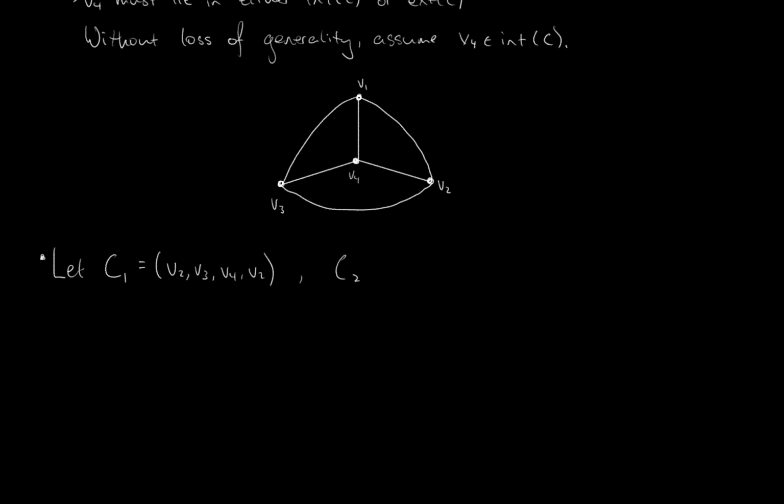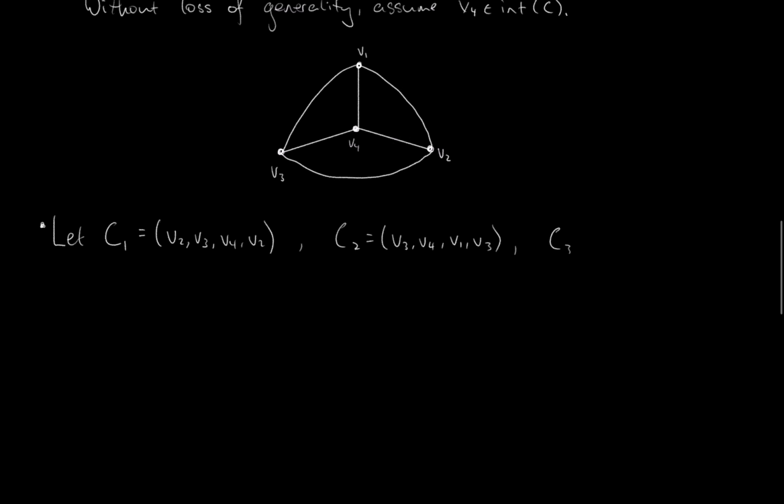C2 to be the cycle from V3 to V4 to V1 and back to V3. And this last cycle here, C3, to be the cycle from V1, V2, V4, back to V1.